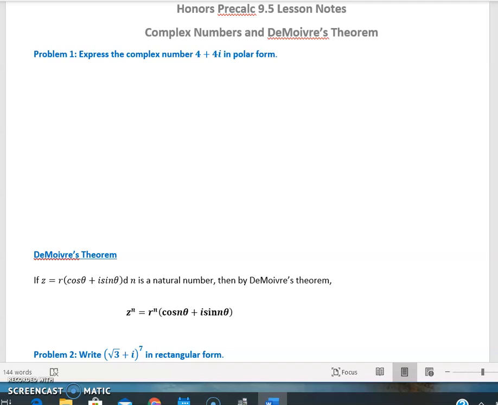So in the first problem, we're going to walk through how to take one of these complex numbers and put it in polar form. Remember, it's a plus bi, and we have 4 plus 4i. So that means that a is 4 and b is 4.